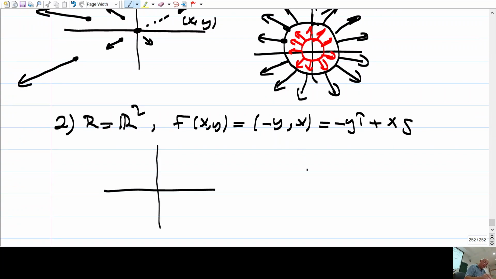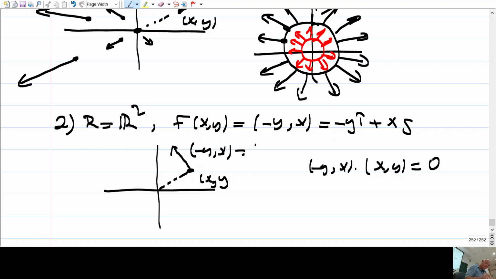You see, (minus y, x) dot (x, y) is just 0. It means this is perpendicular to the position vector. So if you are at a point (x,y), this is your position vector. The value of your vector field is perpendicular to this one.